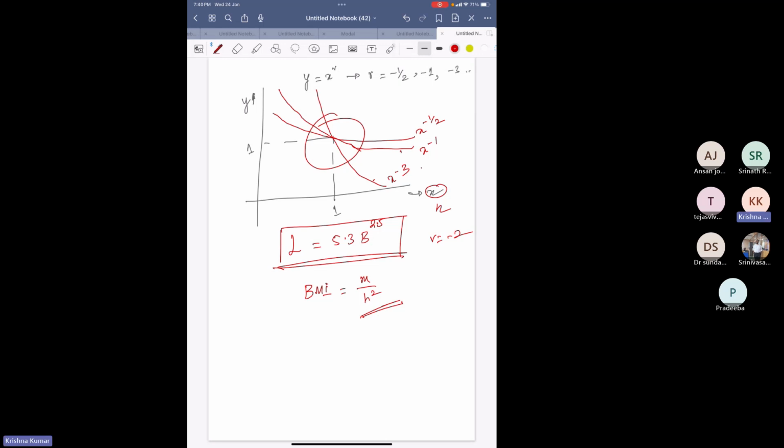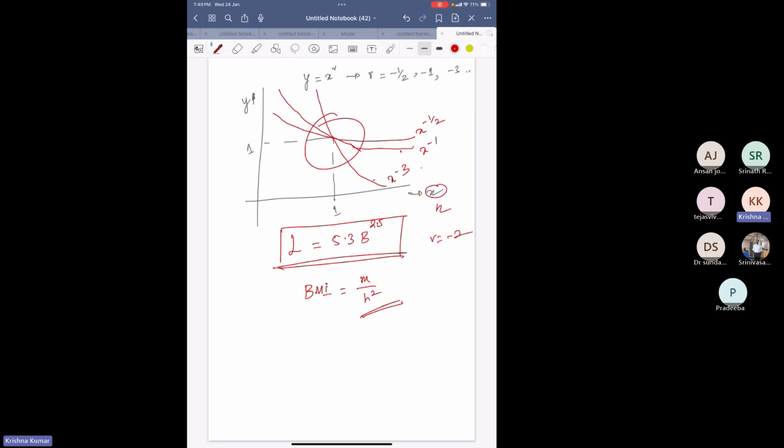Any questions? So that is the interpretation. There have been changes in BMI definition. Let's not worry about that.